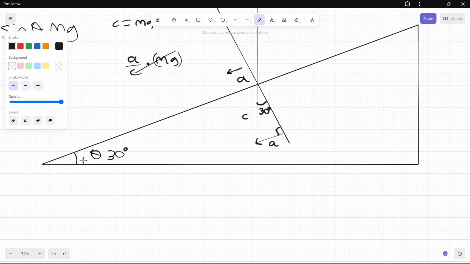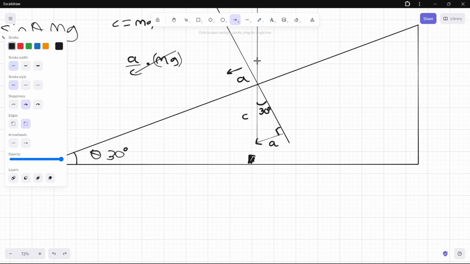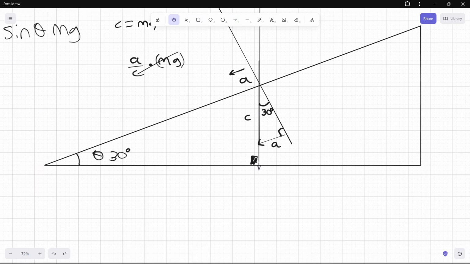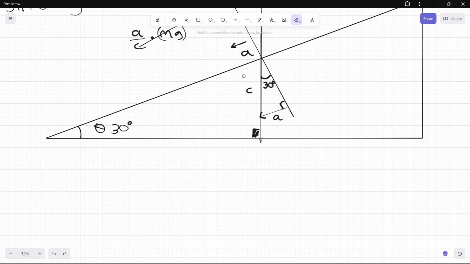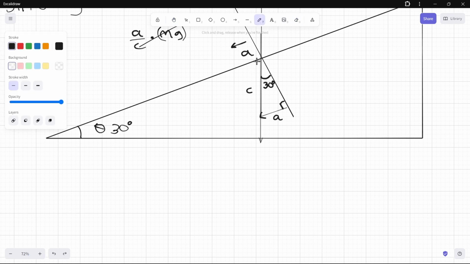And that guarantees this angle right here is also a right angle, and it must be because this vector right here is perpendicular to this line. So this angle must be 90 degrees. So that means this is 60, and then that consequently means that this has to be 30 as well.